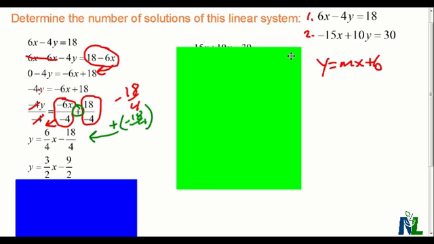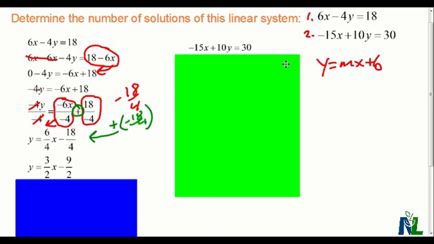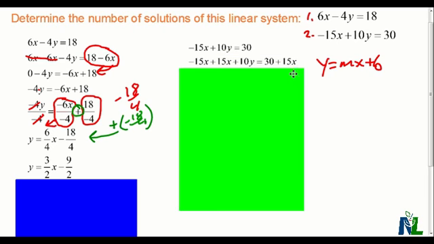Let's consider equation 2. Negative 15x plus 10y equals 30. Well, I want to get y by itself on the left-hand side. So the first thing I'm going to do is get rid of the negative 15x on the left-hand side. To do that, I add 15x to the left-hand side. But because I add 15x to the left-hand side, I must also add 15x to the right-hand side.